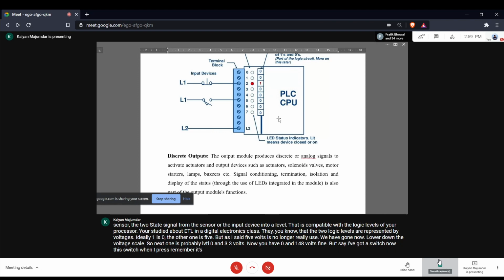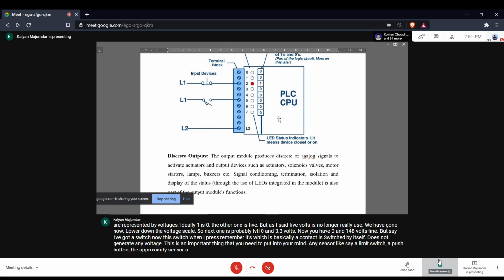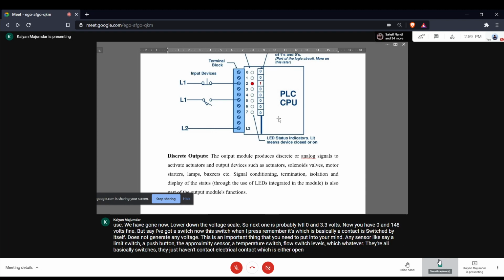Now this switch, when I press, remember, a switch is basically a contact. A switch by itself does not generate any voltage. This is an important thing that you need to put into your mind. Any sensor like, say, a limit switch, a push button, a proximity sensor, a temperature switch, flow switch, level switch, whatever, they're all basically switches. They just have an electrical contact, which is either open or closed.